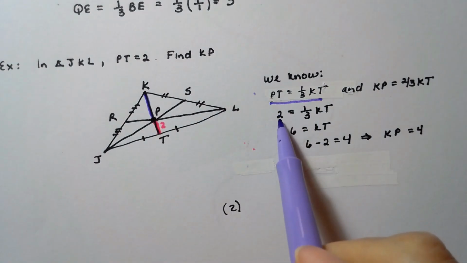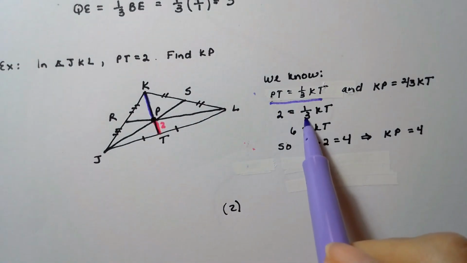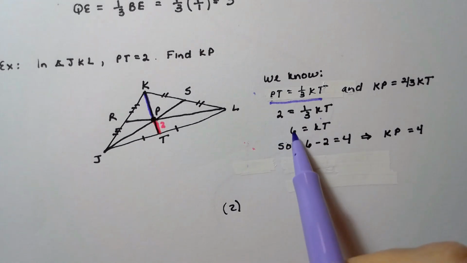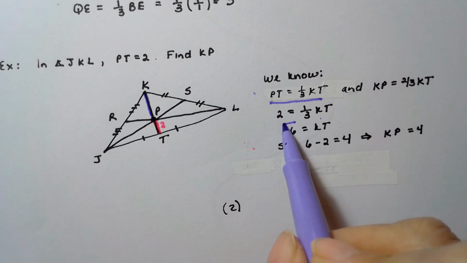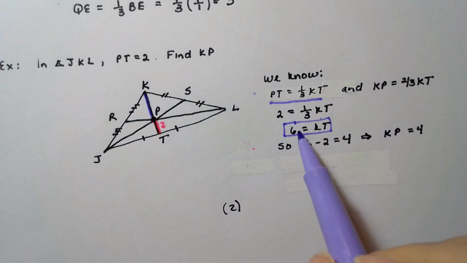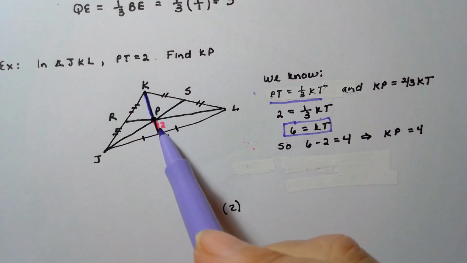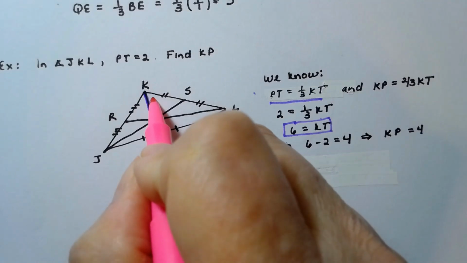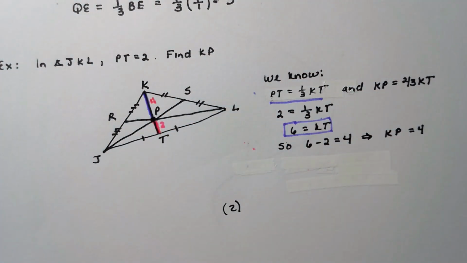It's 2, so if I plug a 2 in for PT, I know that that's 1/3 of the whole line. And if I multiply both sides by 3, I get 6 is equal to KT. So what I know is that the whole segment from K to T is 6. And if I take the whole line and subtract what was given, which was 2, that tells me that KP is 4. That's it.